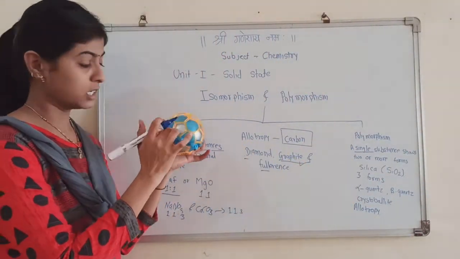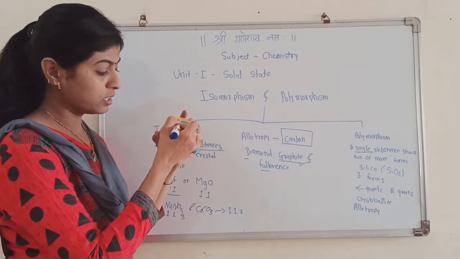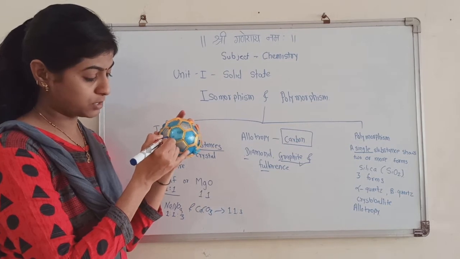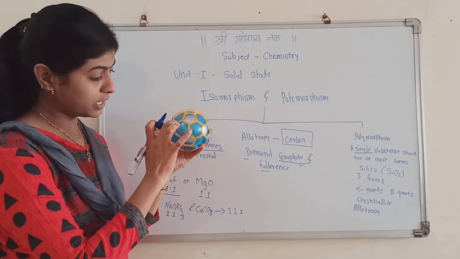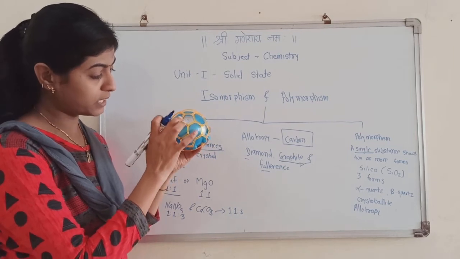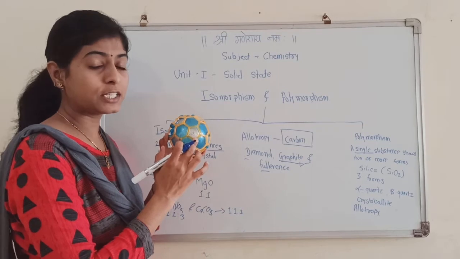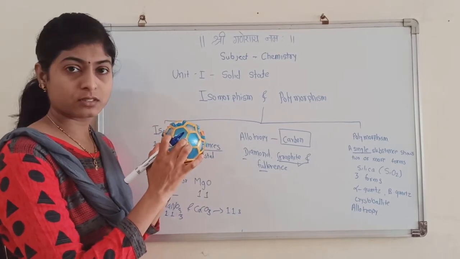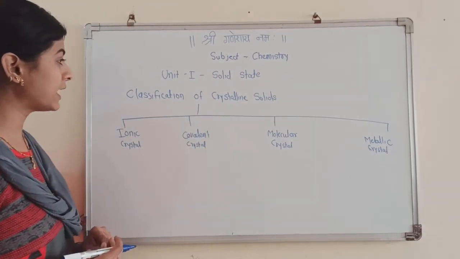Look at this net: each and every point shows a carbon atom joined with sp2 hybridization. This shows fullerenes.